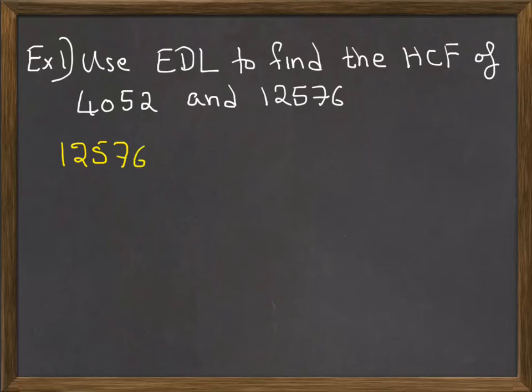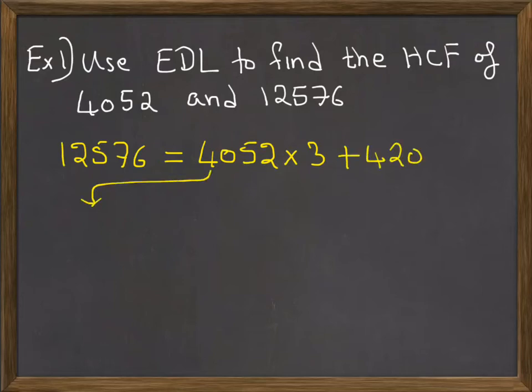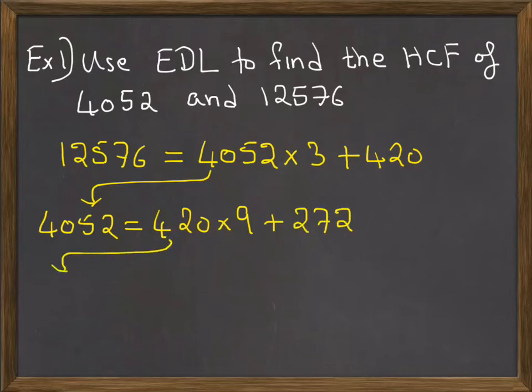So how many times will 4,052 divide 12,576? That is going to be 4,052 times 3, leaving a remainder of 420. We continue the process. 4,052 divided by 420. 4,052 will be equal to 420 times 9, leaving a remainder of 272.